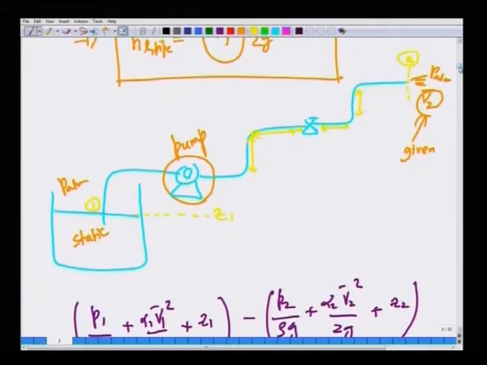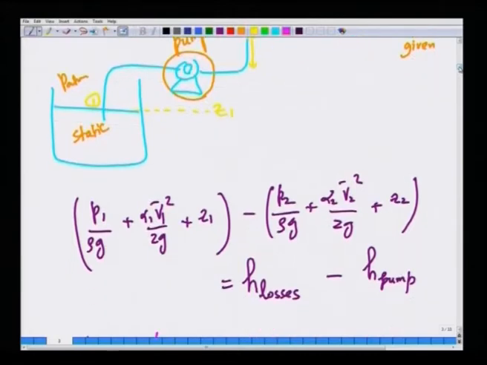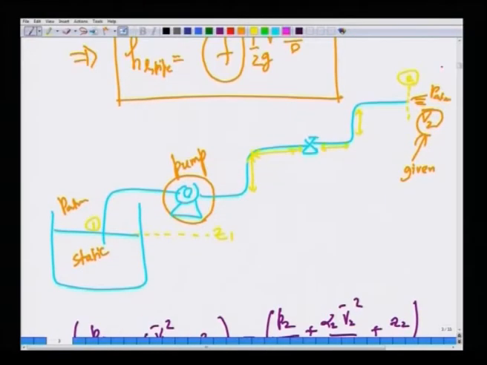But that is not to say that this is the only source of losses for the flow system, because there are also other pieces such as the flow is static here, but it is entering a pipe. So, these are called entry losses, and there is a bend of various types throughout the pipeline. These bends will in general have losses. There are valves here which will have losses depending on the nature of the valve. And there is an exit, the fluid is exiting from the pipe to the atmosphere.